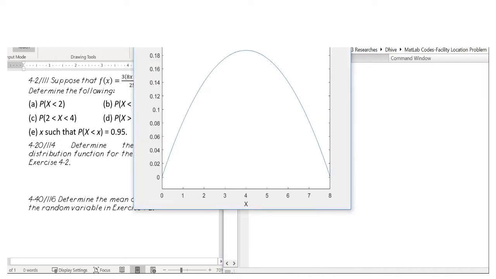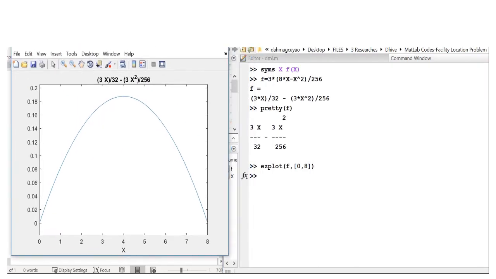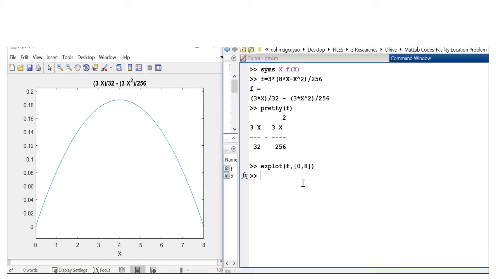The graph of the function is a parabola that opens downward. Let's have our grid on. And observe that from 0 to 8, you have this entire region located above the positive x-axis.